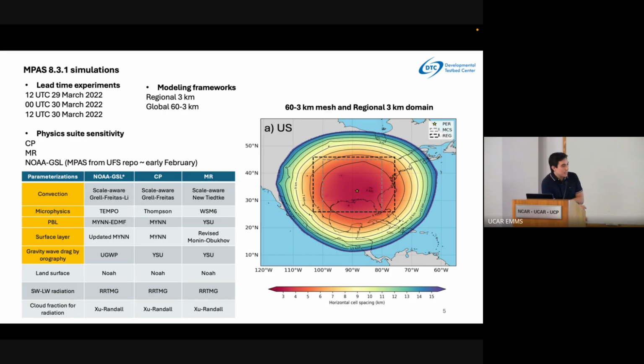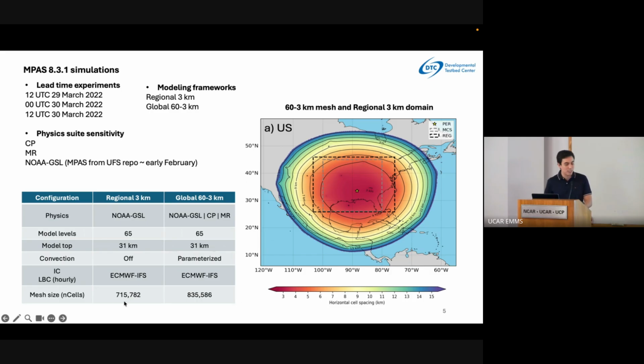So I think the regional run was slightly worse than the global because of two things. The first one is the size of the regional domain, which was constrained by the mesh size to ensure a fairer comparison in terms of computational resources.